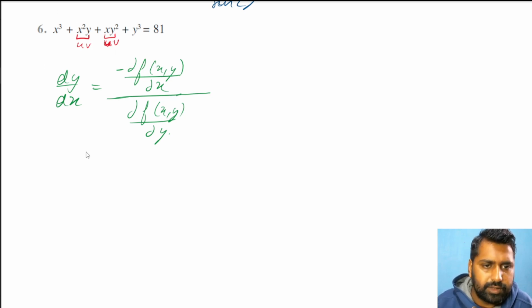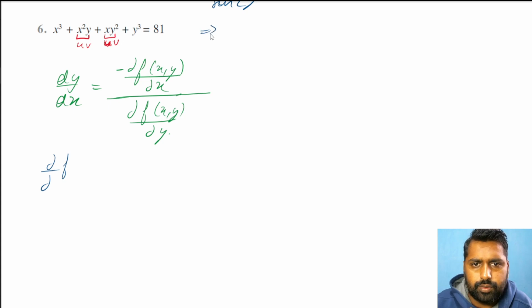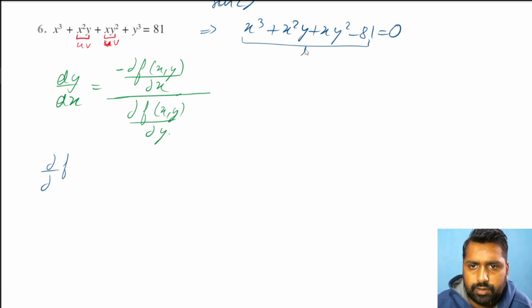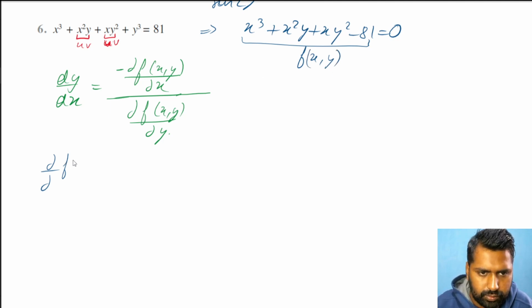Now let me explain what is partial derivative. So partial derivative, first of all, what's your function? If you rewrite this as x cube plus x square y plus x y square minus 81 equal to 0, then it's called your function of x comma y. So that function we have to differentiate with respect to x.